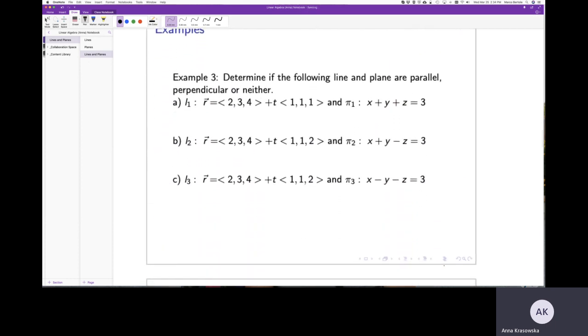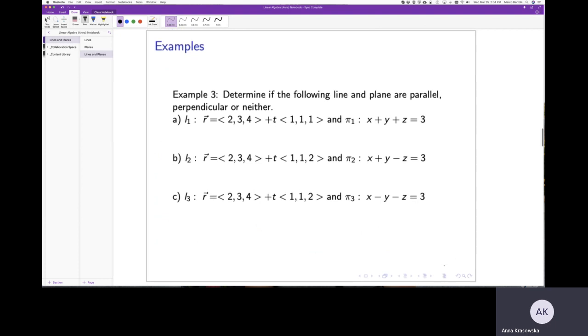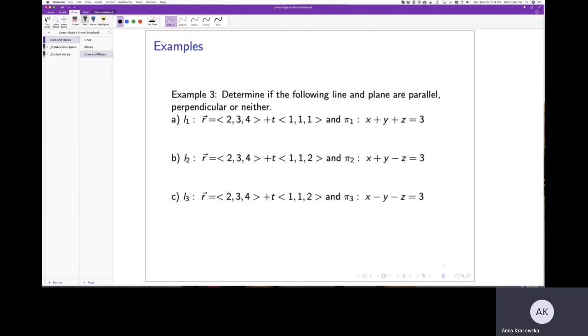What about now discussing whether a line and a plane are parallel or perpendicular, or maybe neither? So let me start as before, just sketching two different cases, a picture for parallel and for perpendicular. I'm sketching the plane horizontal because it's easier, but it does not need to be horizontal, of course.